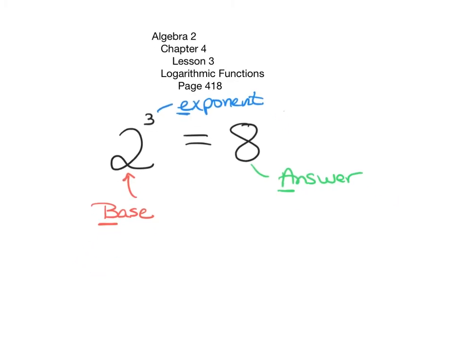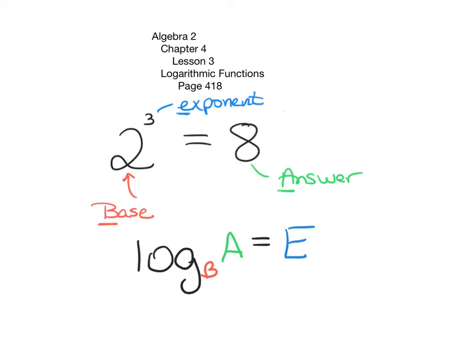So when I want to transform an exponential function into a log equation, I'm going to write the word log, and then I'm going to spell out the word BAE. I'm going to take each one of the numbers and put it in here, and then I'll put the E over here.